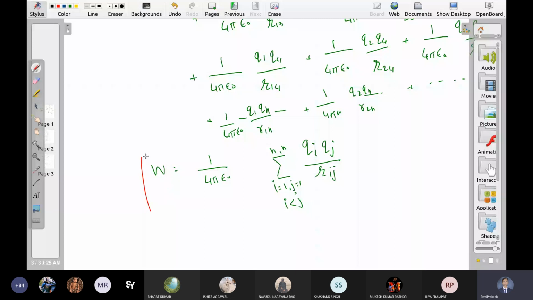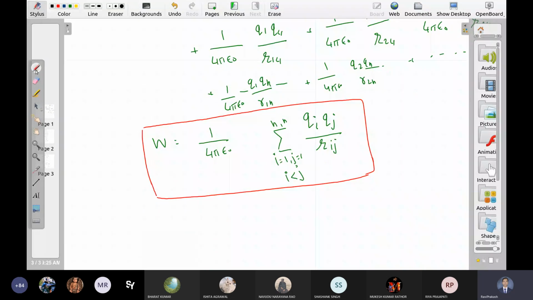इसको मानते हैं, right? Or I can also write 1 by 2. 1 by 2, why? Because now I am allowing the reverse term also. i is equal to 1 to n, j is equal to 1 to n.